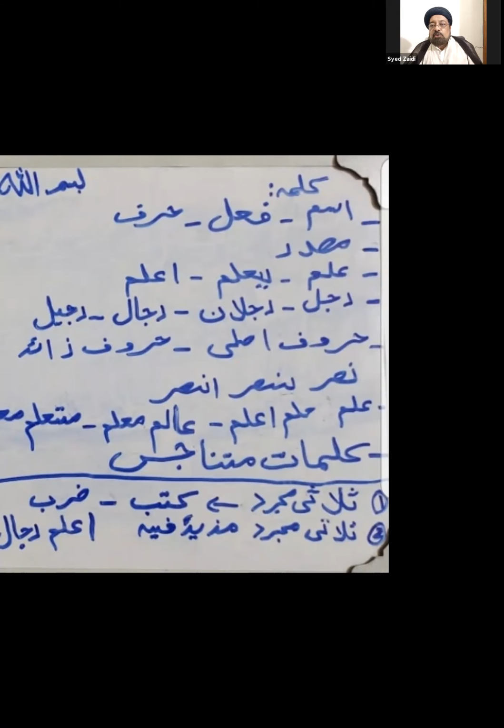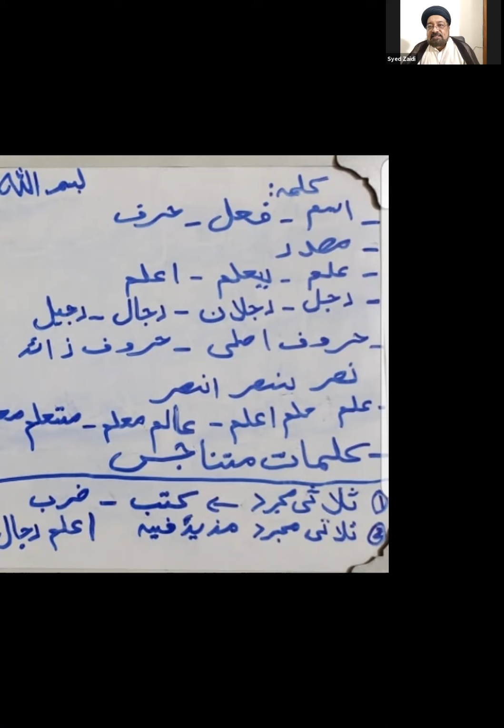If you move on to the word rajulan, you find two extra letters, alif and noon.